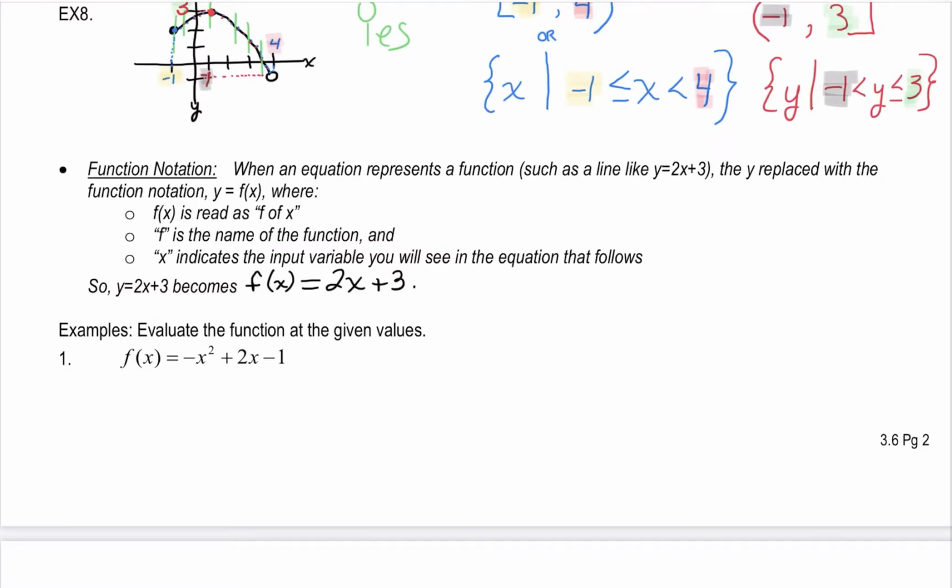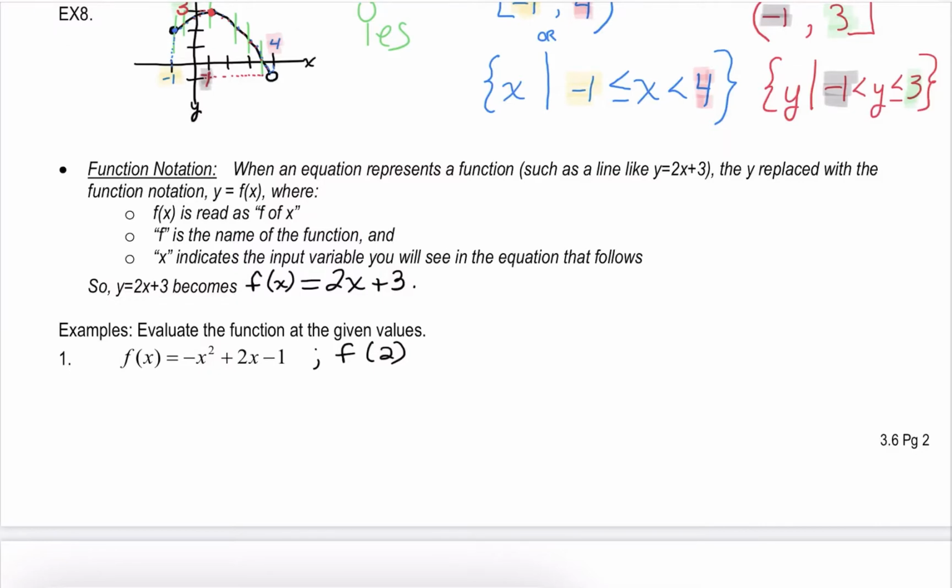Okay, so now we want to start to get used to this function notation. So let's say we have number 1 here, where we are asked to evaluate f of 2. Okay, so what does that look like?